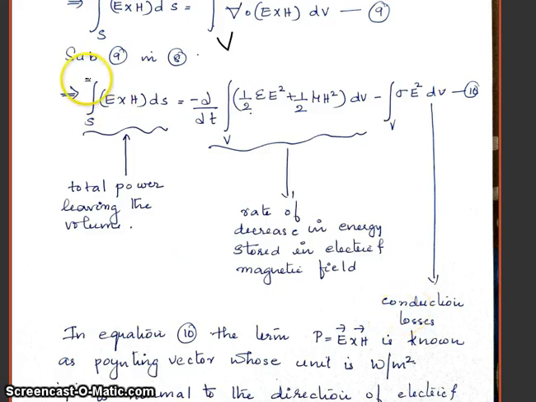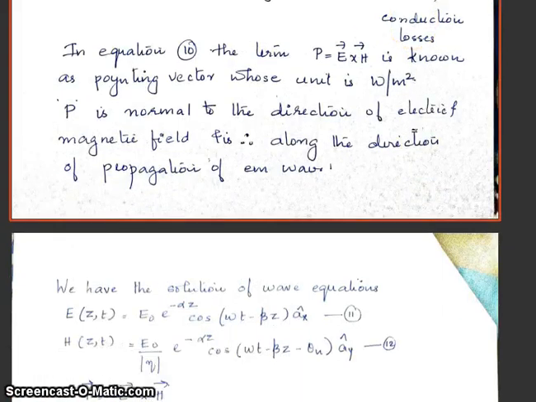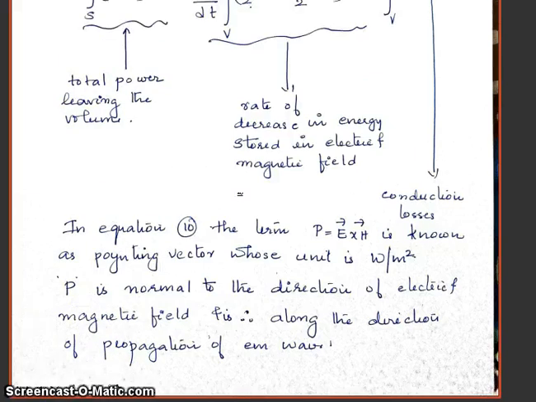So I repeat: the term on the left hand side gives you the total power leaving, on the right hand side the first term gives you the rate of decrease in energy, and the last term the conduction loss. And this is your Poynting's theorem. Hope the derivation is clear.